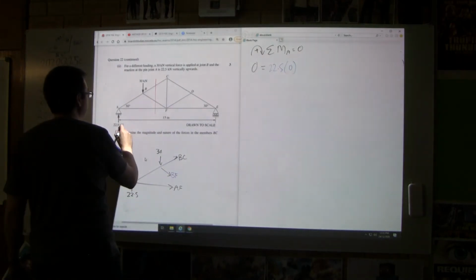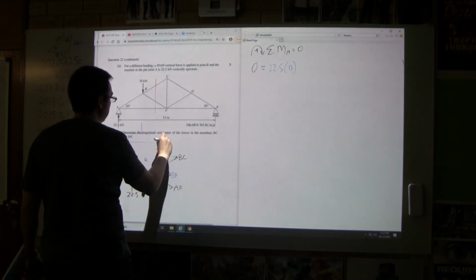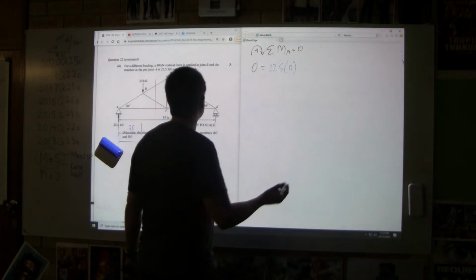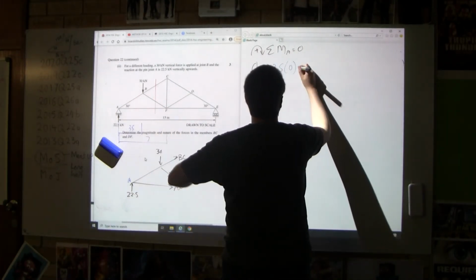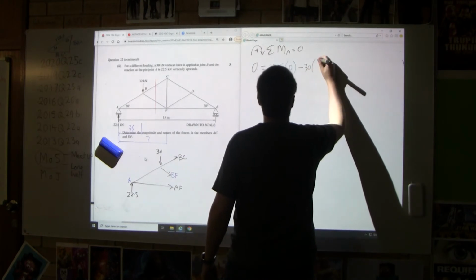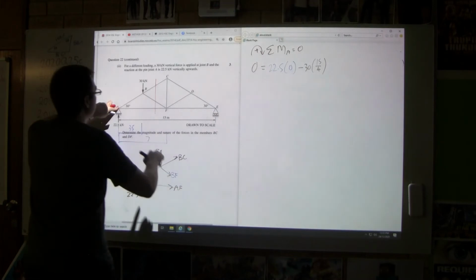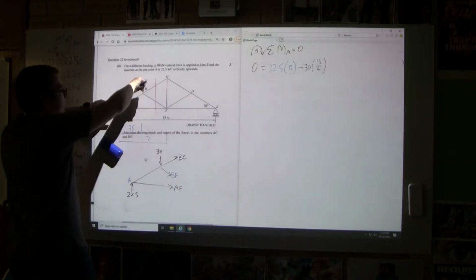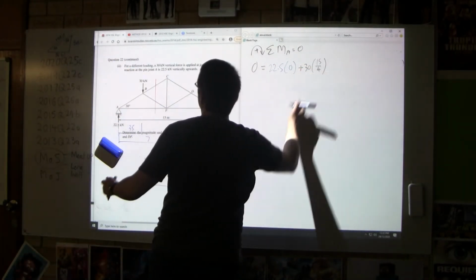If this is 15 meters, then this will be 3.5. I will write it in brackets: minus 30, brackets 15 on 4. But is that going clockwise or anti-clockwise? Relative to A, that 30 is going clockwise, so we're going to change that sign to a plus.